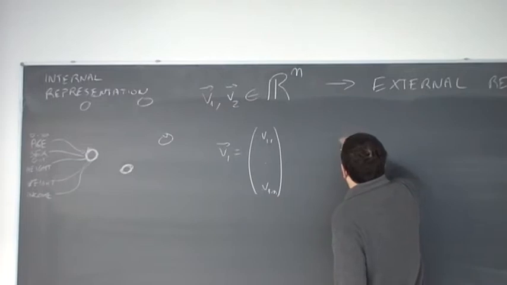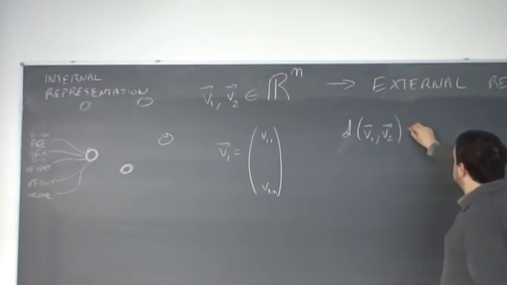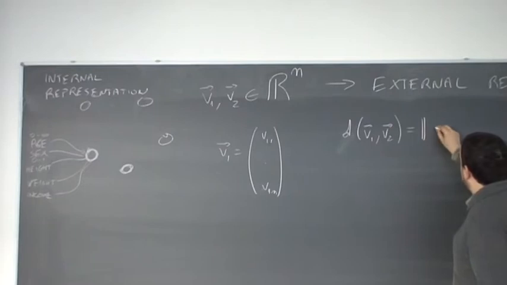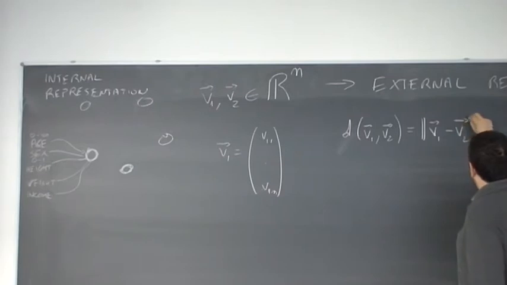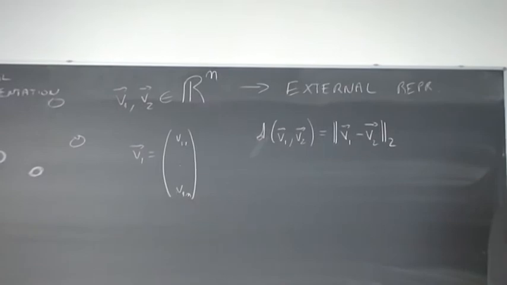We can define a distance between V1 and V2 as, for example, the common Euclidean distance, meaning the two-norm of their difference.